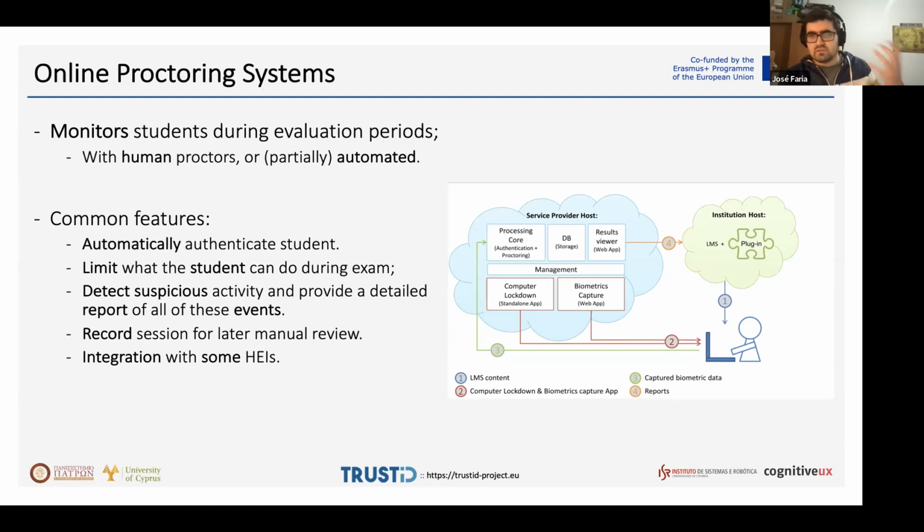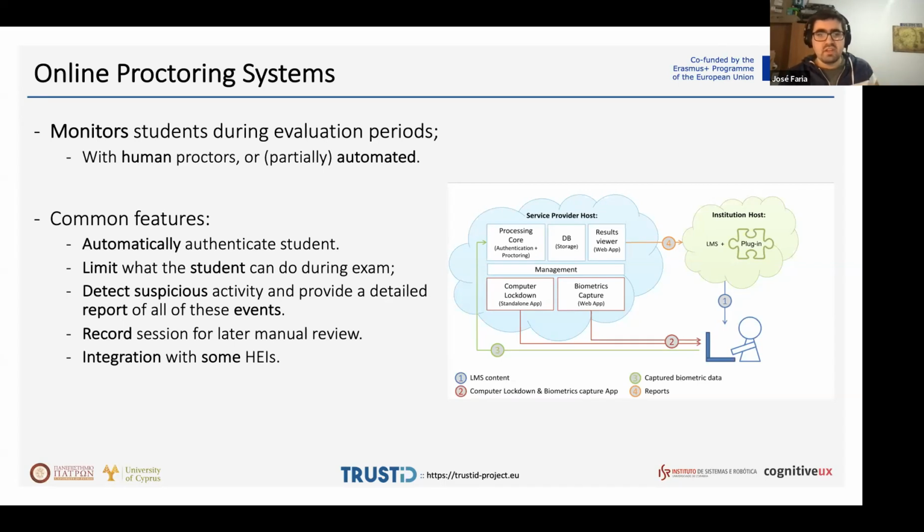They'll report to the proctors that will be hosting the exam, and usually they'll also allow some sort of recording or extensive log to allow the proctors to manually review all of these suspicious events and try to determine if they were false flagged or not.